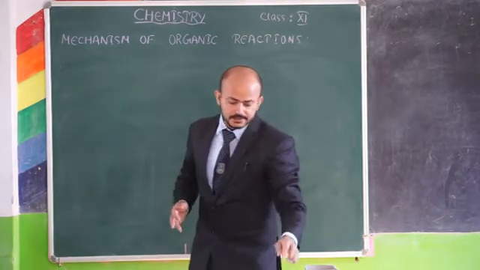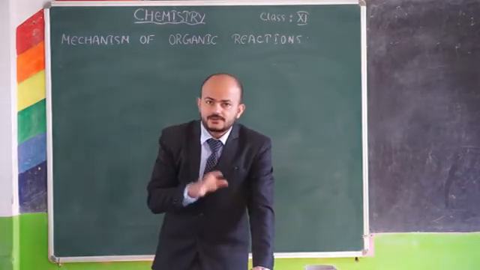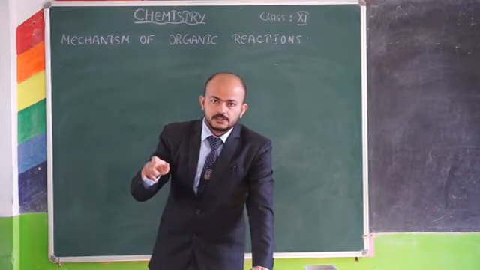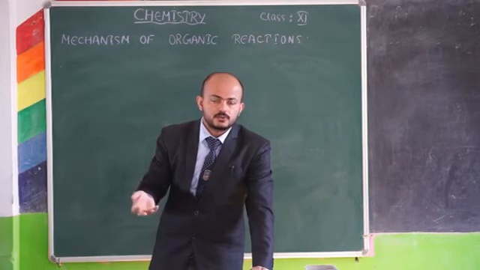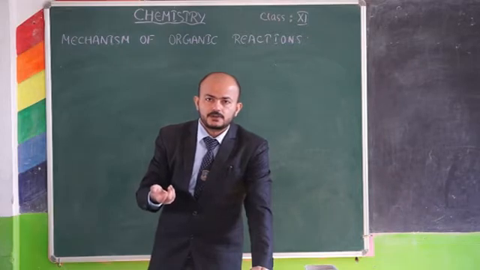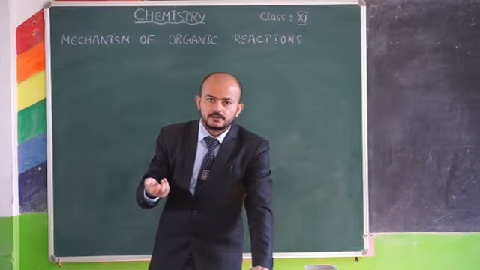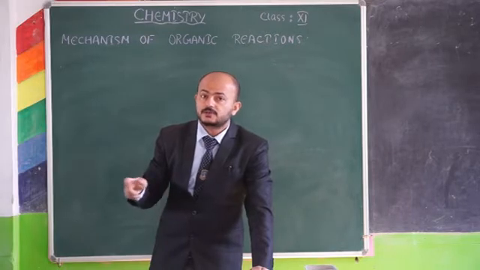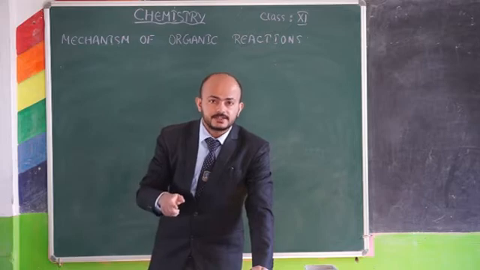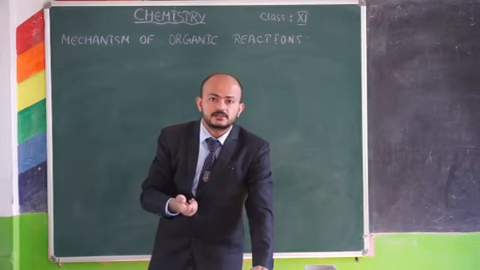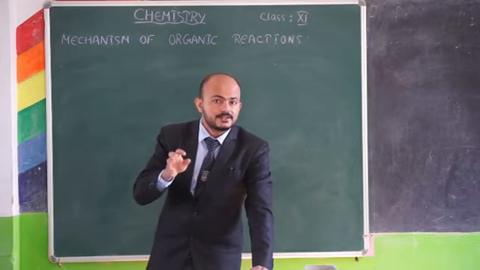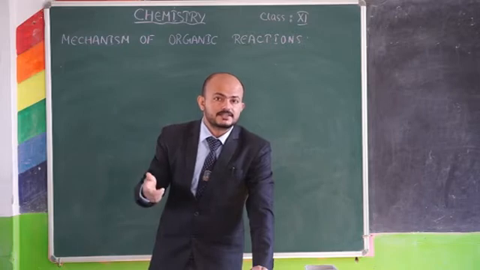In organic chemistry, the bond between these compounds is mostly a covalent bond, and in this covalent bond, whether the electron is going away from the carbon atom or coming towards the carbon atom, displaced towards the carbon atom, these are the things that are going to control the reaction and at which carbon atom the reaction takes place.